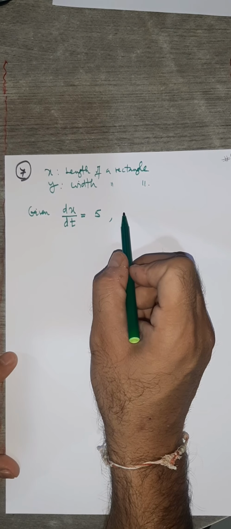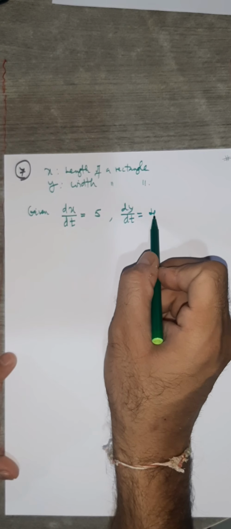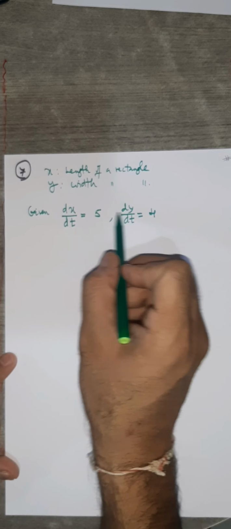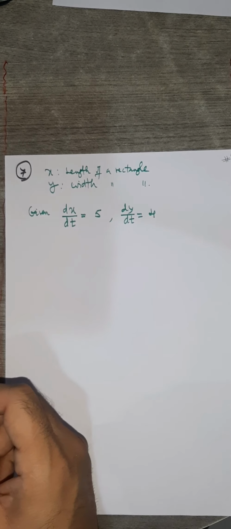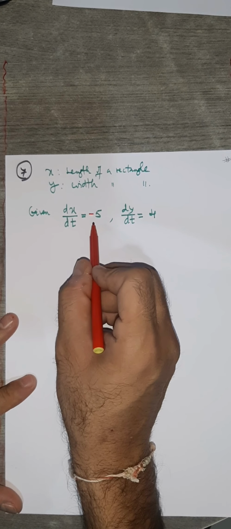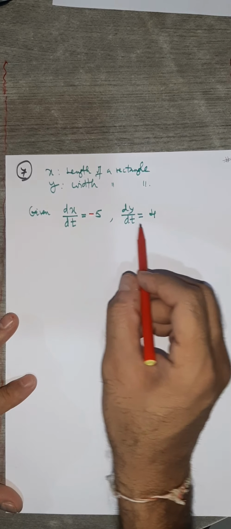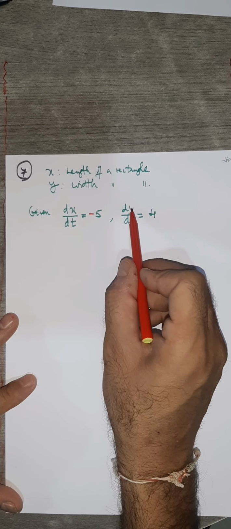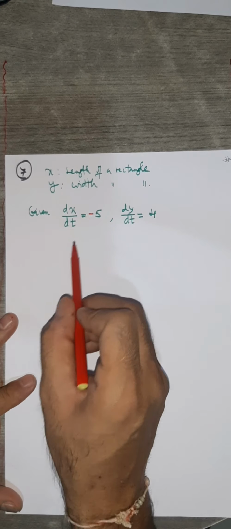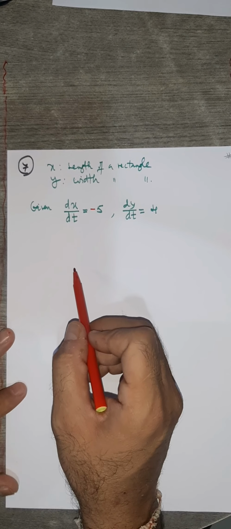And the other one is increasing, so dy by dt with respect to time is 4. Now this is increasing, this is decreasing, so I'll put the minus sign. This minus sign indicates that there is a decrease in this variable with respect to time, and the plus sign indicates that there is an increase in this, right? So just to distinguish these two, we'll put the minus sign here.